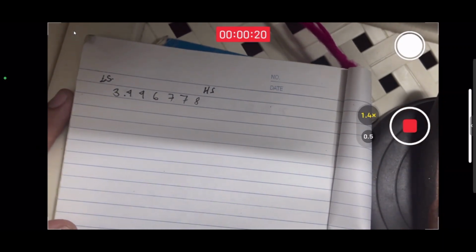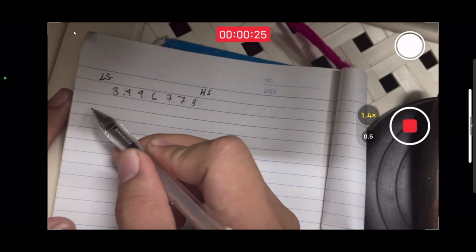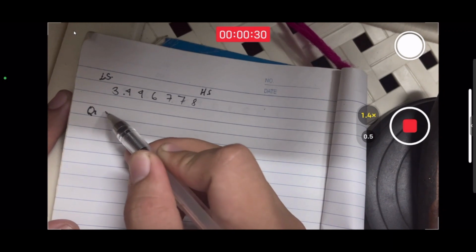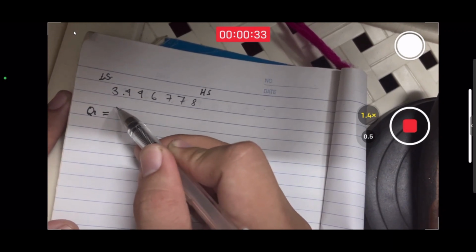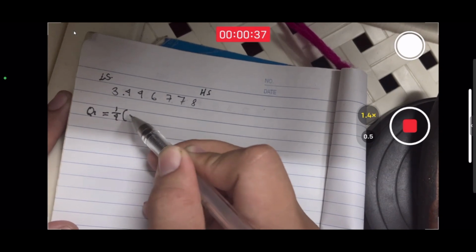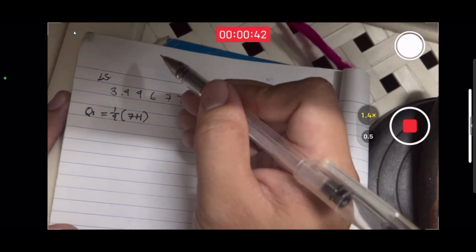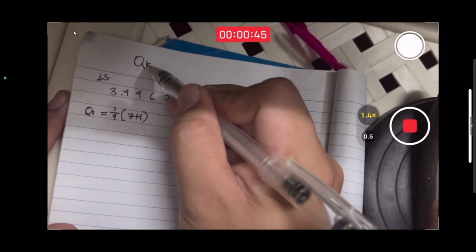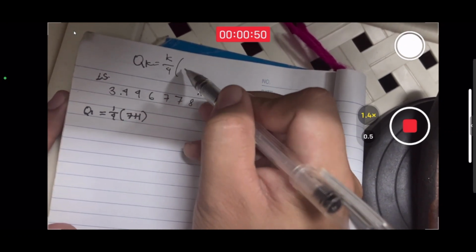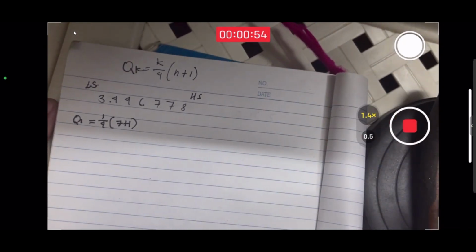Next, to find the quartile 1, our quartile 1 will be equal to 1 over 4 times (7 plus 1). In our formula, we use Q_k equal to k over 4 times (N plus 1).